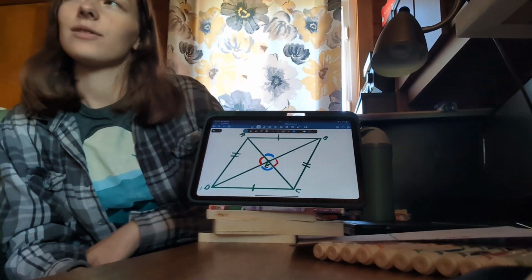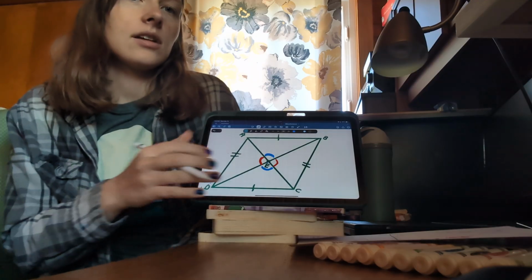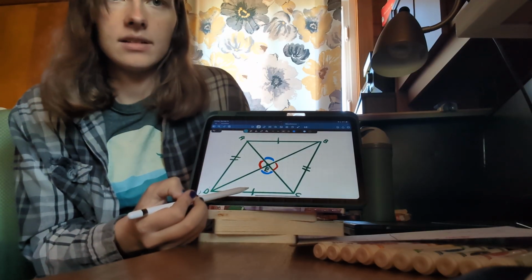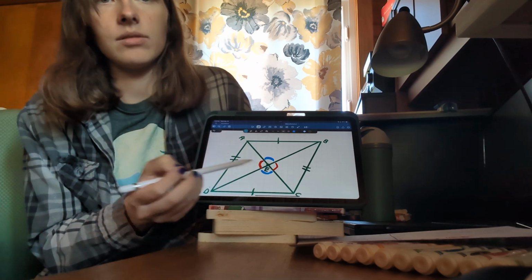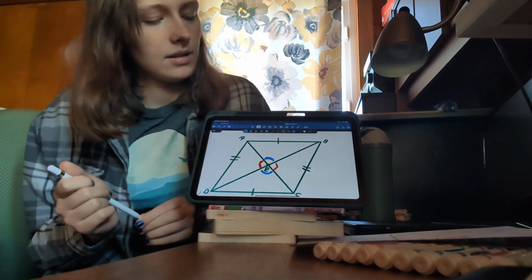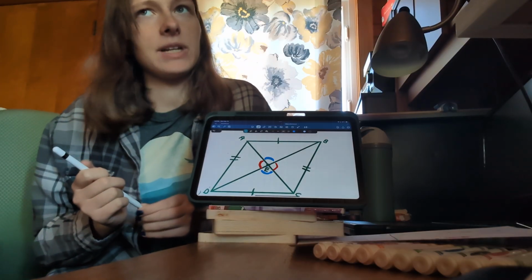Heather says no. Heather, can you explain why not? Okay. So they have a similar side and a similar angle, but only one of each. Right. So what can we do to get a bit more information than that?